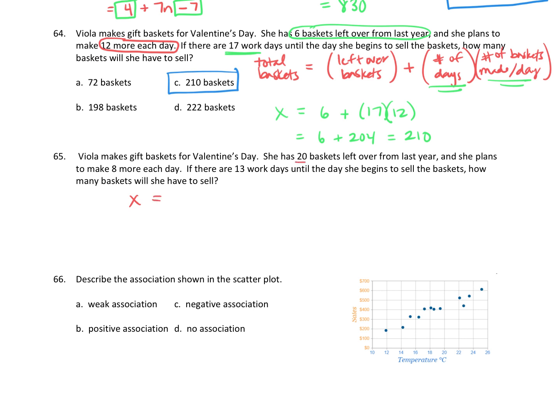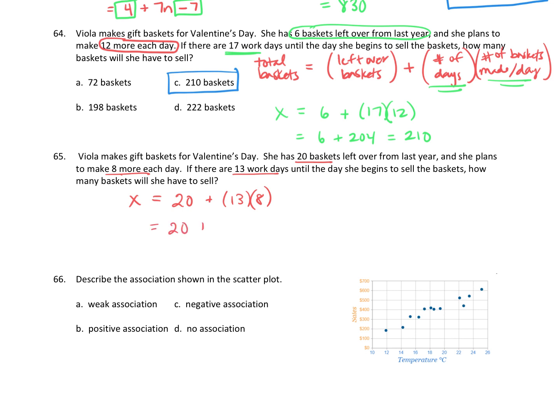In this case, she has 20 left over from last year, so 20 plus her number of days she has to make baskets times the number of baskets she can make a day. So there are 13 work days, so 13 times, and how many baskets can she make a day? Oh, she can make 8 baskets a day.